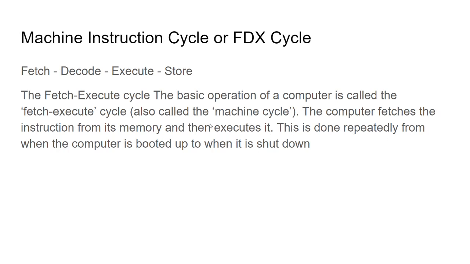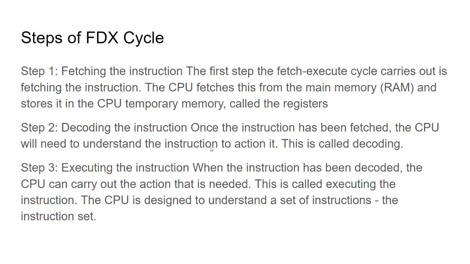This is done repeatedly from when the computer is booted up to when it's shut down. These are the steps of the fetch, decode, execute cycle. Basically you fetch the instruction, then you decode the instruction, and then you execute the instruction. That's the basics of the cycle.